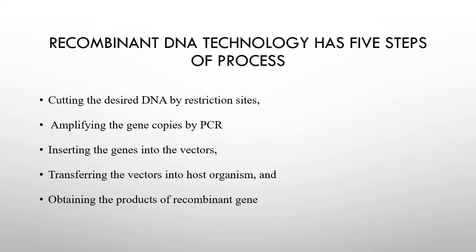What are the steps in recombinant DNA technology? There are 5 steps in recombinant DNA technology. Number 1 is the step in which we cut the desired DNA by restriction sites, and the other step is amplifying the gene copies by PCR.